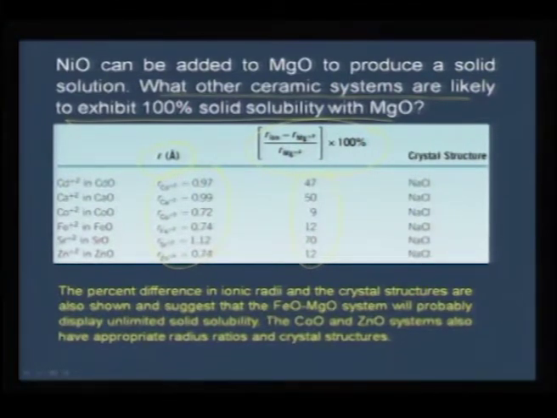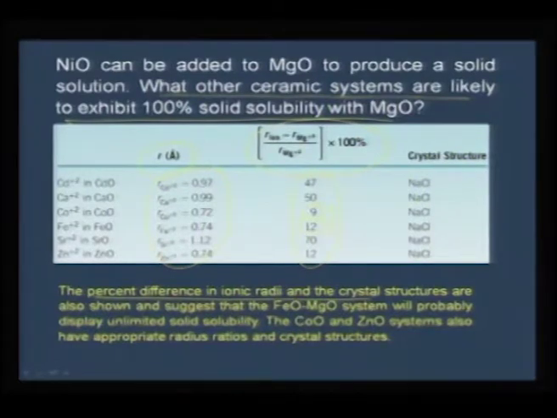For example, you would see the error involved is only 9% for cobalt substituted in magnesium oxide or 12% for iron 2 plus substitution in magnesium oxide. Therefore, in this whole list you can actually single out that these two can go into the lattice comfortably.